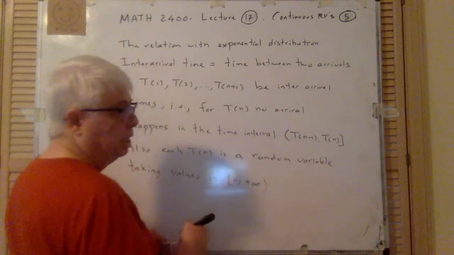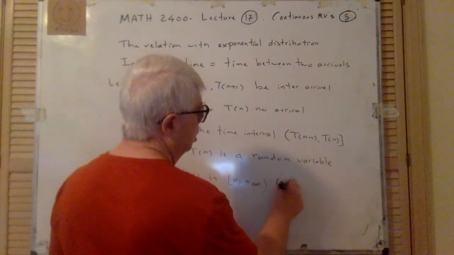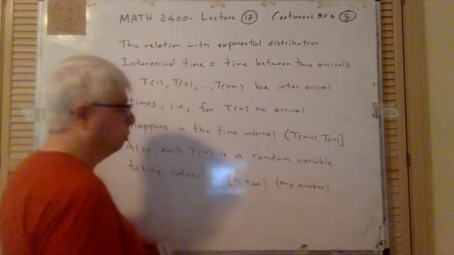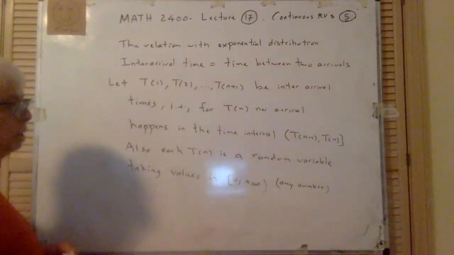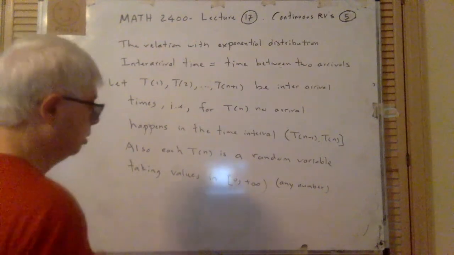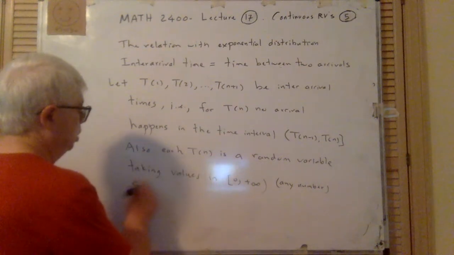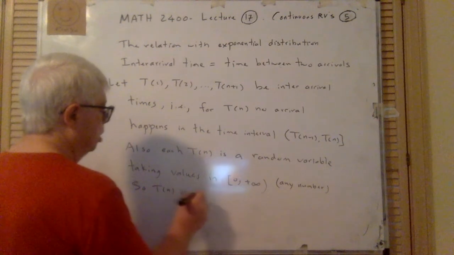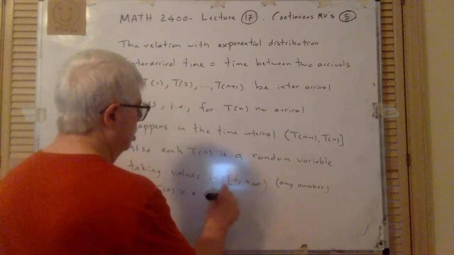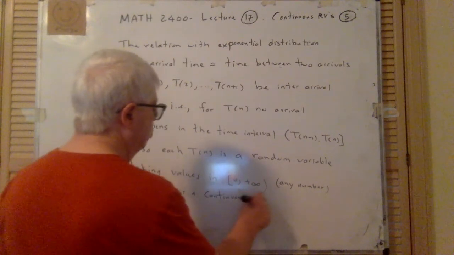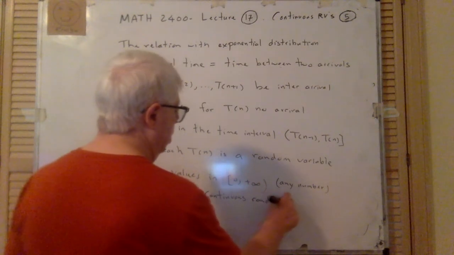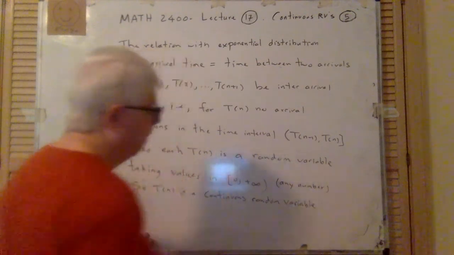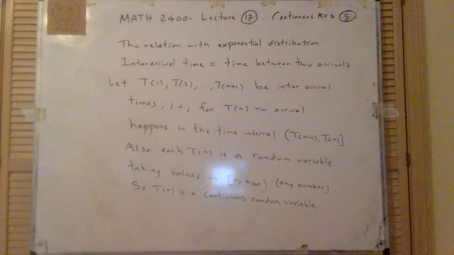It can be any number between these two, any number, right? Which means what? Which means that Tn is a continuous random variable. Tn is a continuous random variable, right?